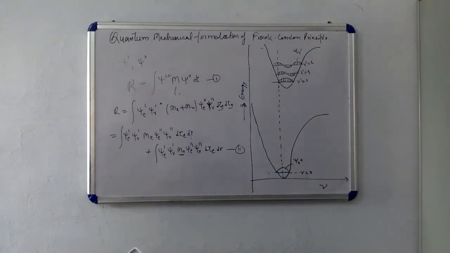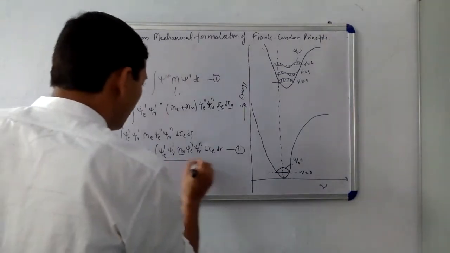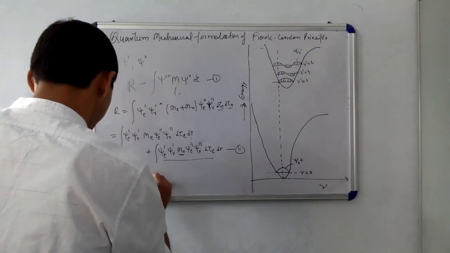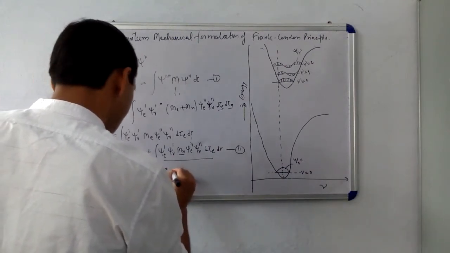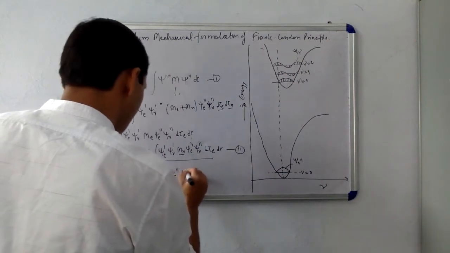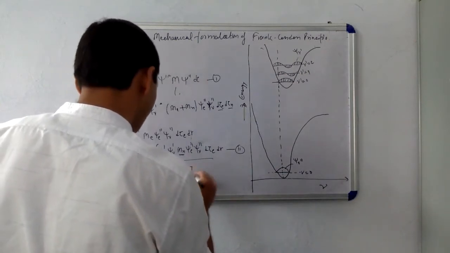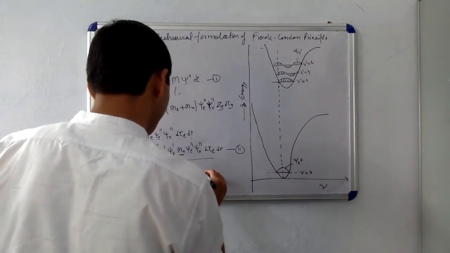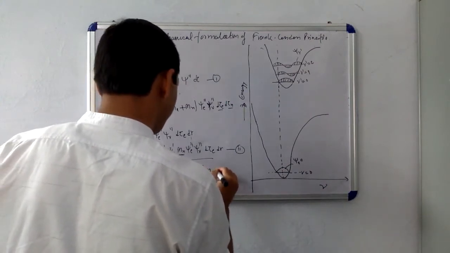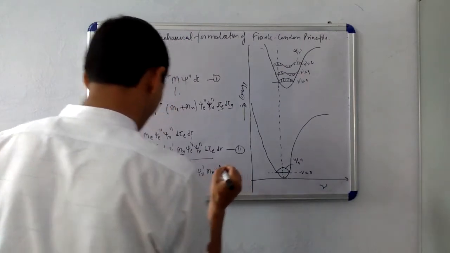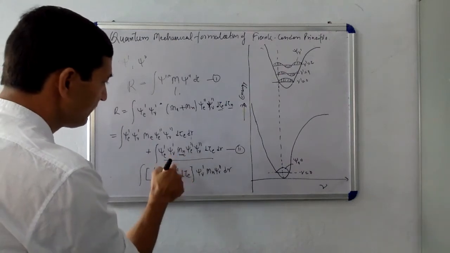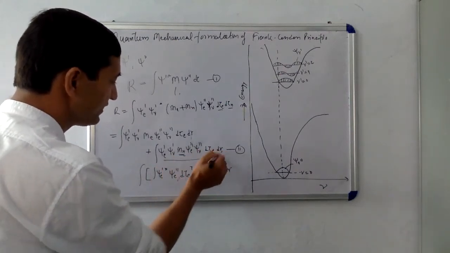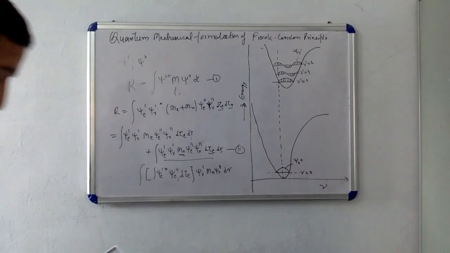It depends only on R. So in the second term, I can write it as the integral of psi E prime star psi E double prime d tau E, times the integral of psi nu prime, M of N, psi nu double prime dR. We can write it this way because the nuclear part is independent of the electronic part and depends only on R.